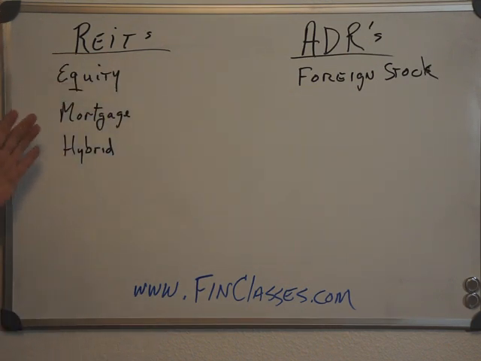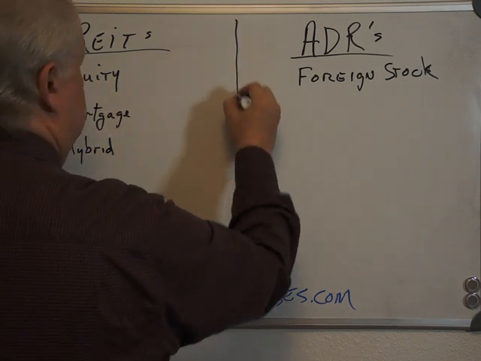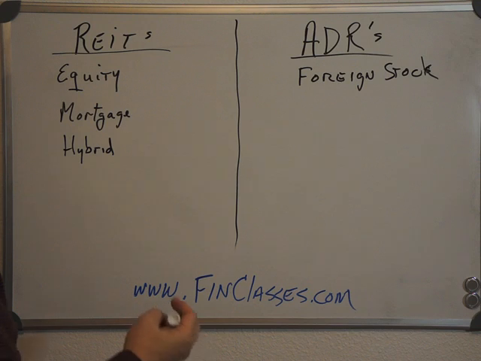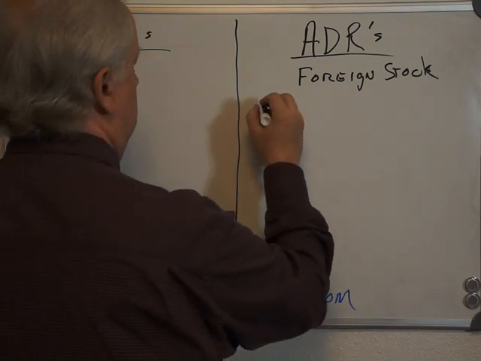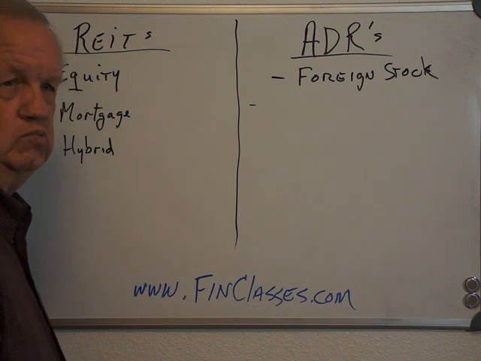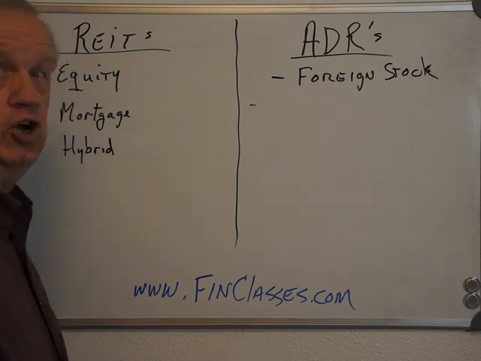Now, when you look at the investments inside these portfolios, take a look at ADRs first. An ADR is investing in a foreign stock. So take a look at your Nestle chocolate bar.